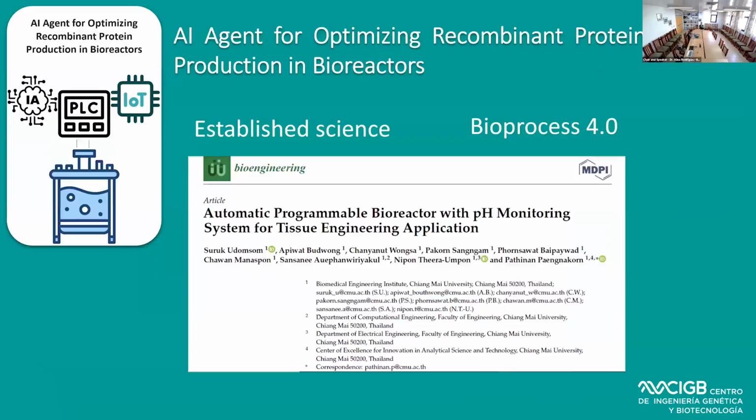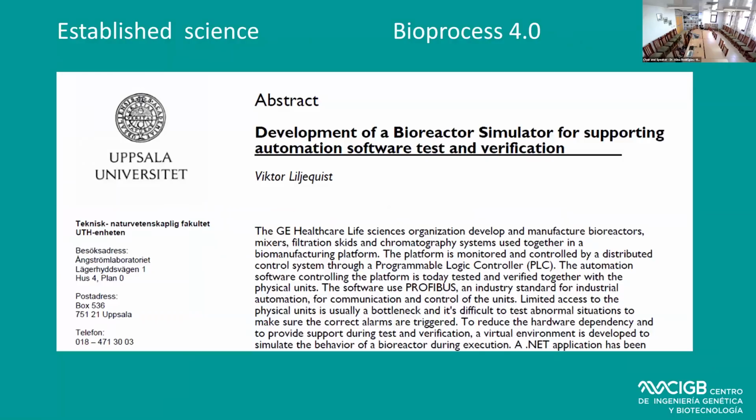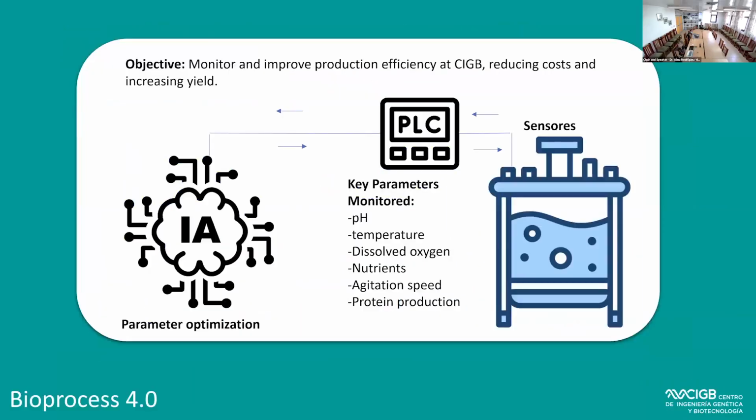So imagine a bioreactor that learns. We start from the assumption that this is established science. There are many papers that are talking about it, with some examples. So the objective of this project is that the parameters that are measured by the sensors of the bioreactor can be optimized by an AI.